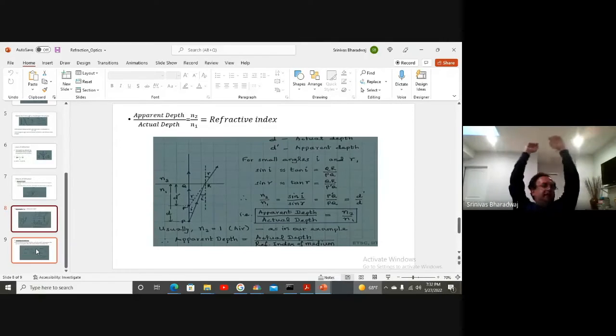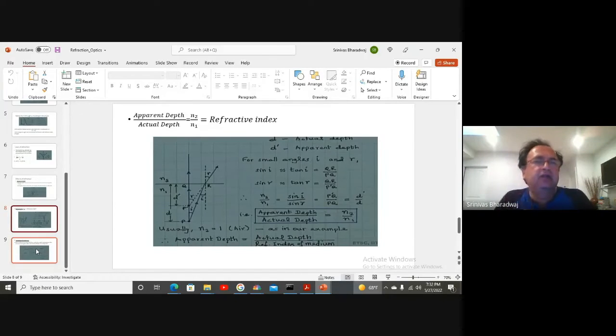Sine theta equals theta. Typically it means something dealing with sine theta equals theta, for small angles. So that is the fundamental idea that you must remember.